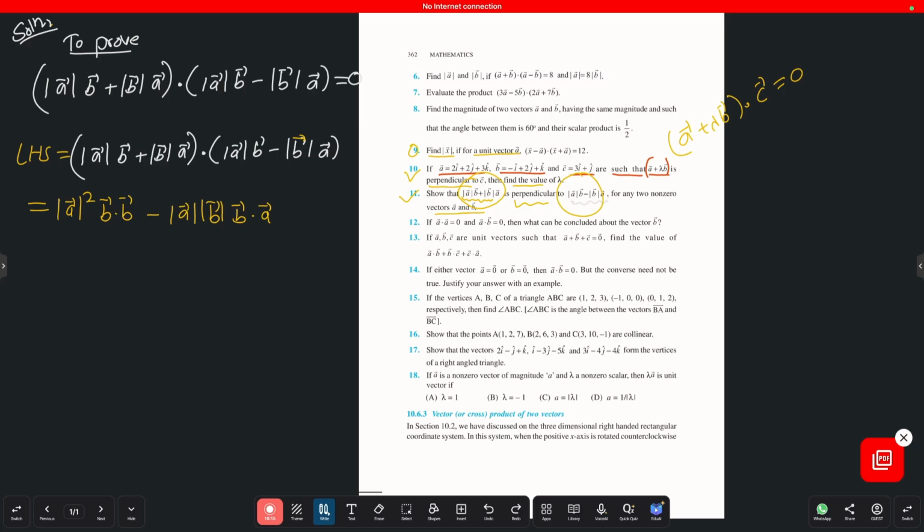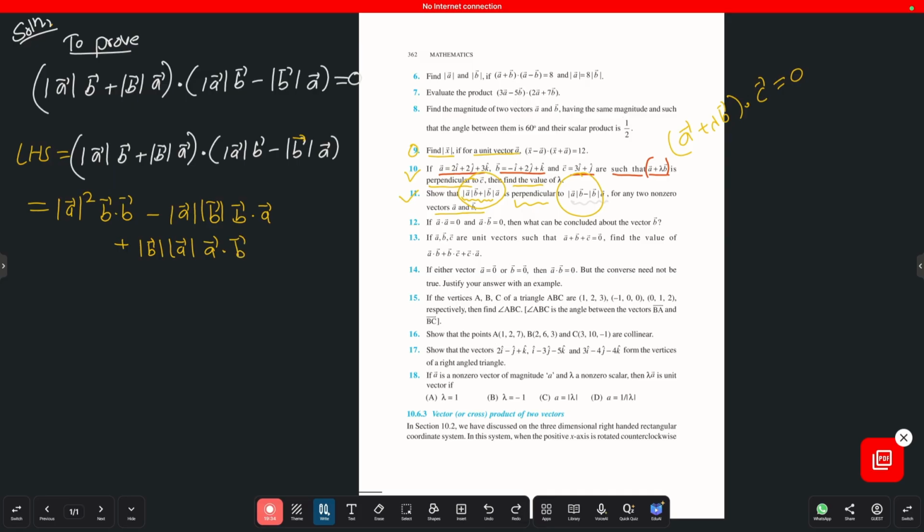Now I will take this element, this dot this, then plus and plus is plus. |b||a|, here a vector dot product with b vector.